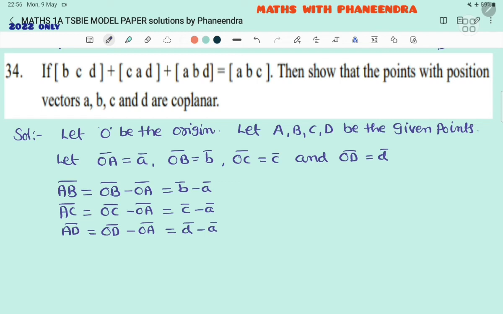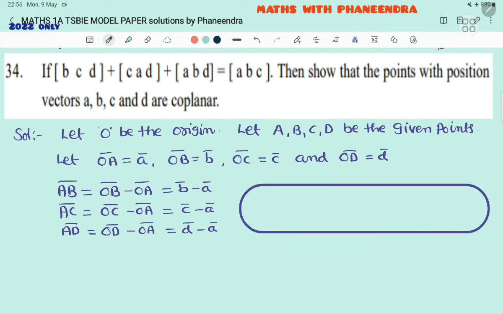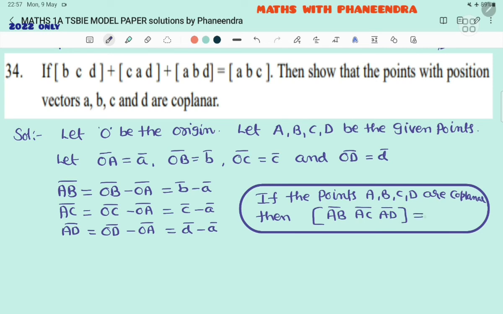Here is an important point you remember, dear students. If the points capital A, capital B, capital C, capital D are coplanar, then box of AB bar, AC bar, AD bar is equal to 0.